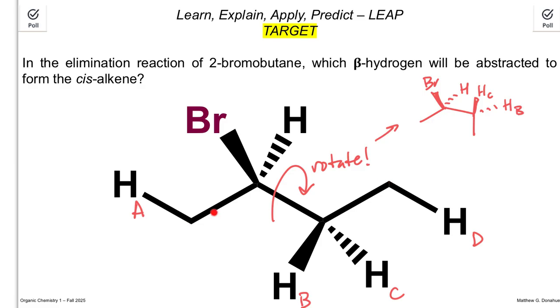So in this one, we can think of them as being anti.